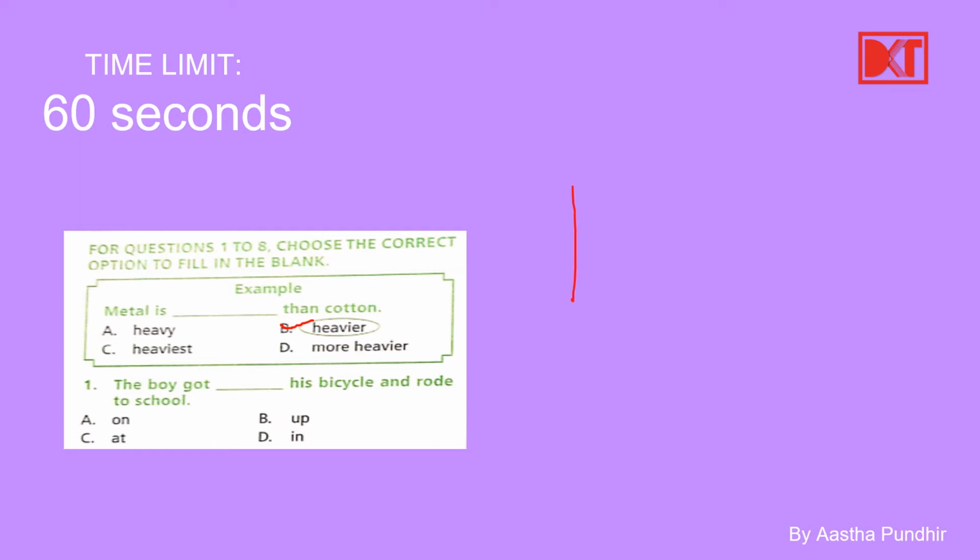This is a question of prepositions, and here the correct answer is the boy got on his bicycle. He sat on top of his bicycle and then he rode to school, right? We know that when we talk about a surface, as in he got on this surface, that's when we use on. All right, let's move on to the next question.